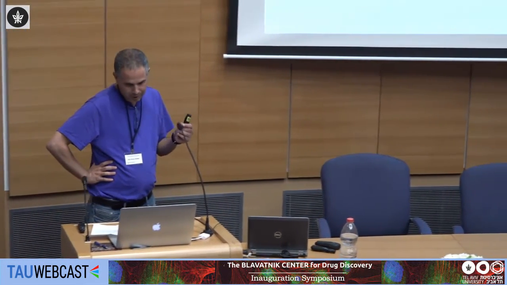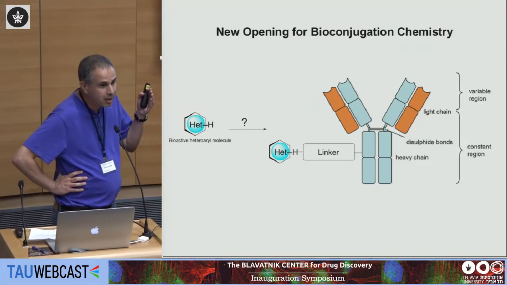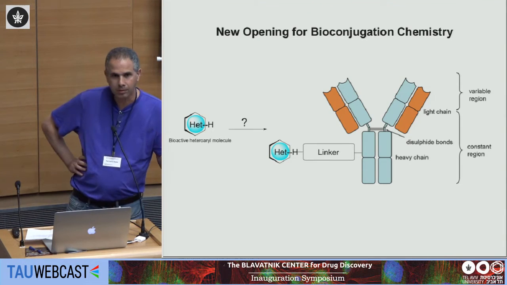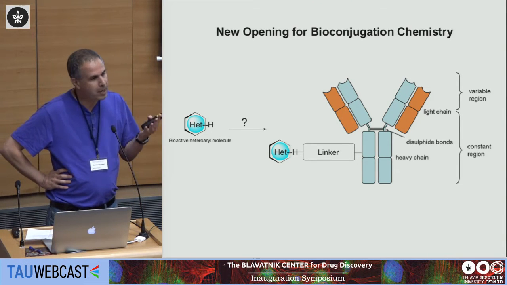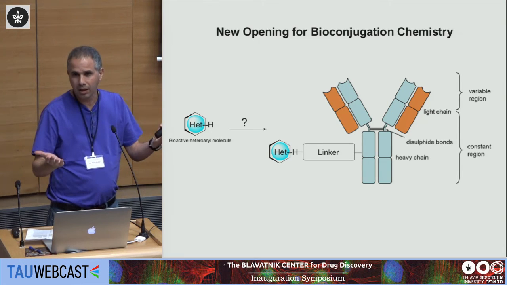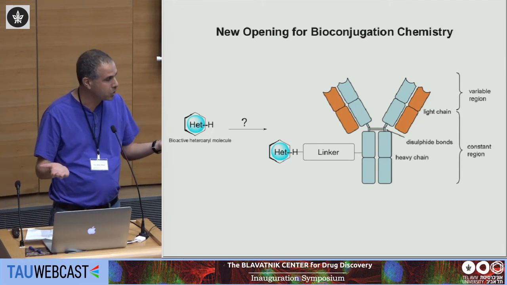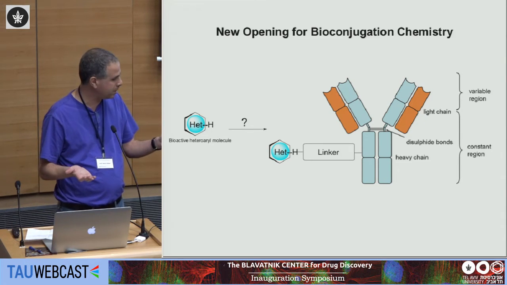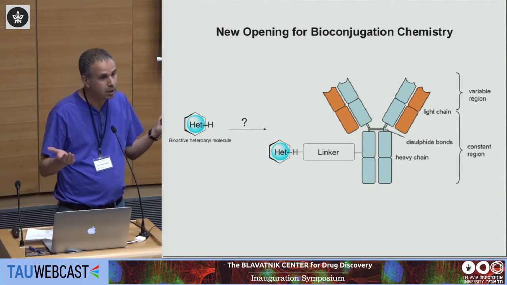And let me show you what I mean by doing this. My problem is related to a general problem in drug delivery. Think about a bioactive molecule, a small molecule that has a wonderful cytotoxicity or biological activity, and you really want to use it in a drug delivery system like an antibody drug conjugate.